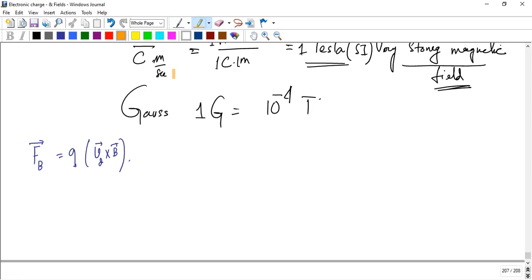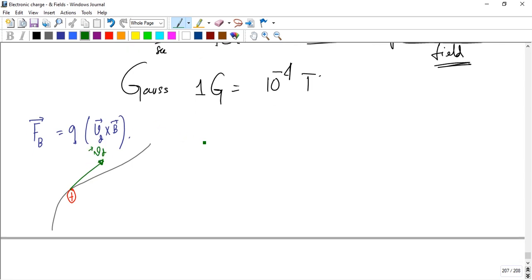Suppose we choose a conductor, and suppose there is a positive charge moving in that path with velocity in that direction, the drift velocity Vd, a vector.